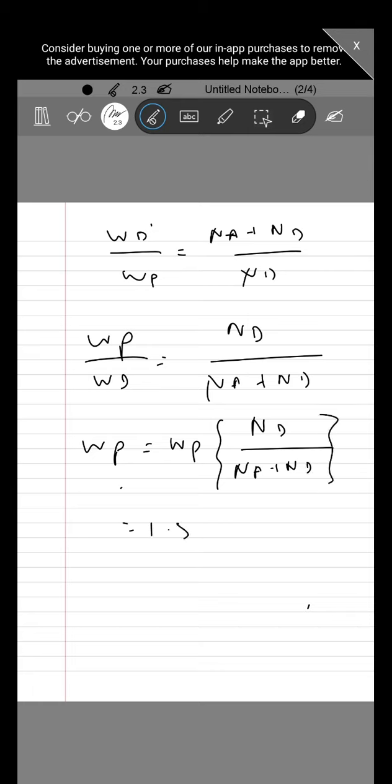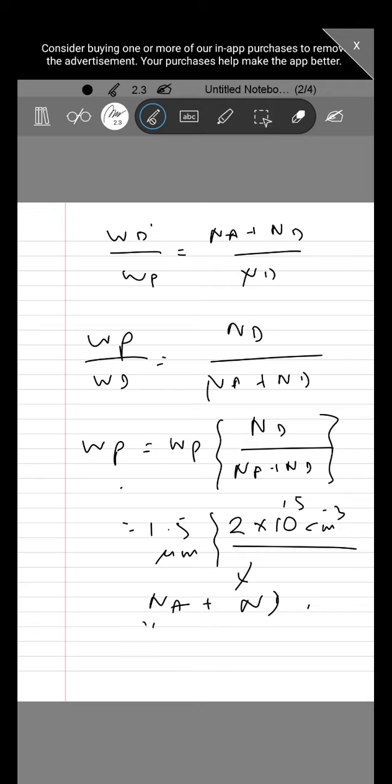Wd is 1.5 micrometers, and Nd is 2 into 10 to the power 15 per centimeter cube, divided by Na plus Nd, where Na is 5 into 10 to the power 14 per centimeter cube, and Nd again is 2 into 10 to the power 15 per centimeter cube.